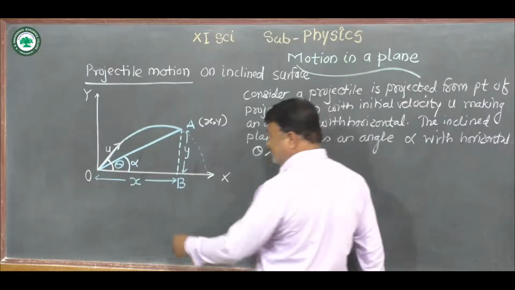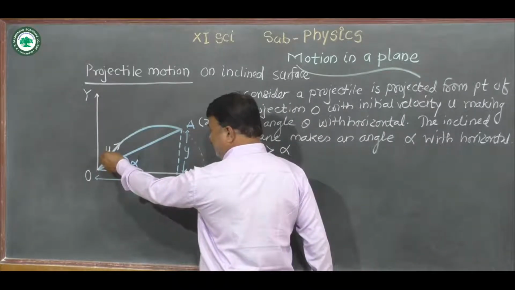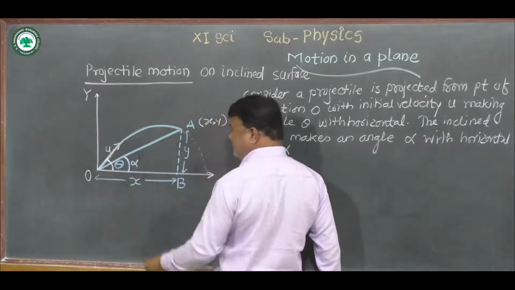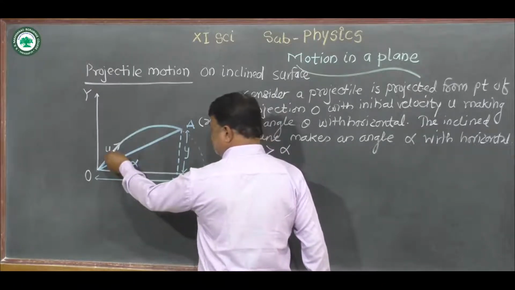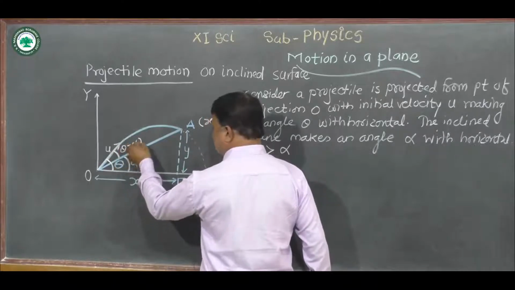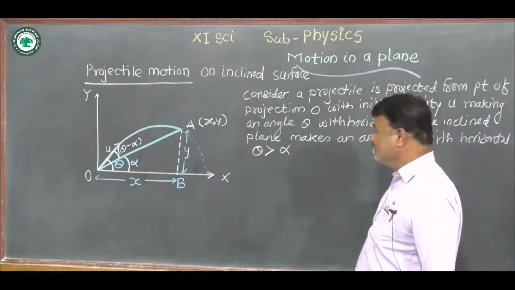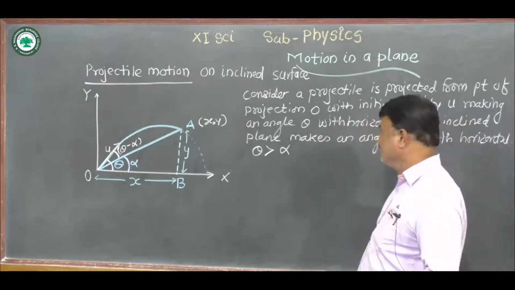Then the remaining angle, the angle made by initial velocity with the inclined surface is, say, theta minus alpha. This angle is theta minus alpha, maximum angle minus initial angle.